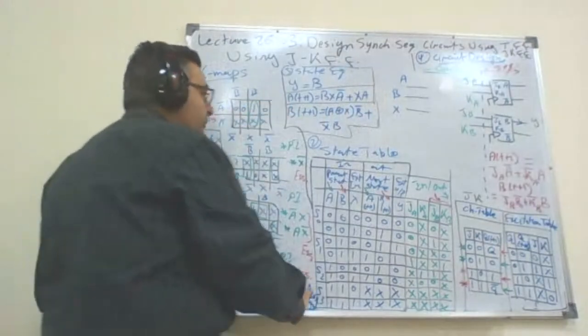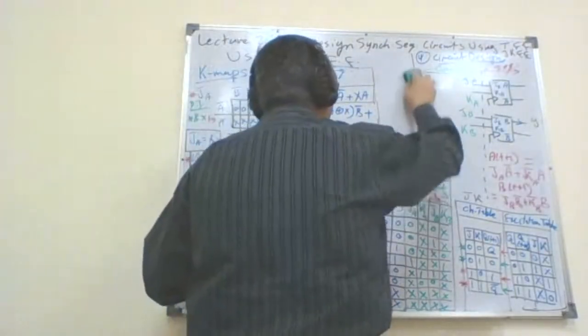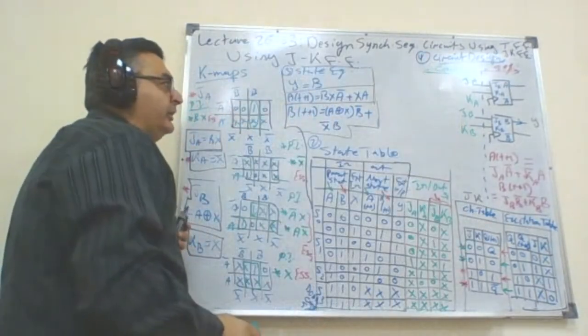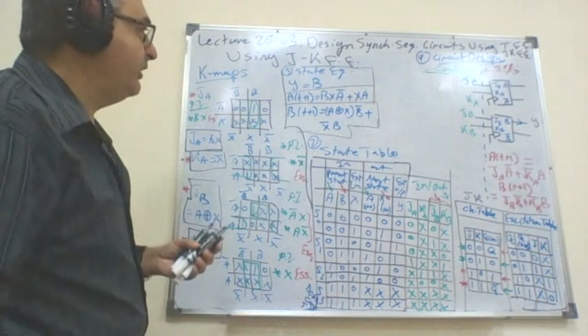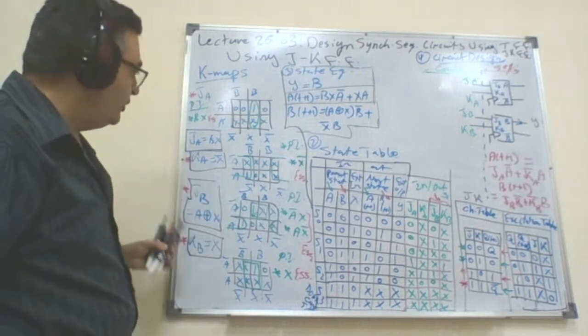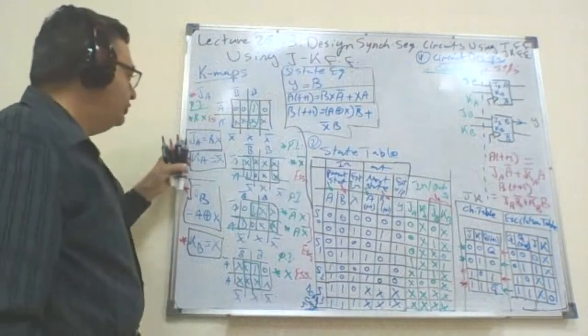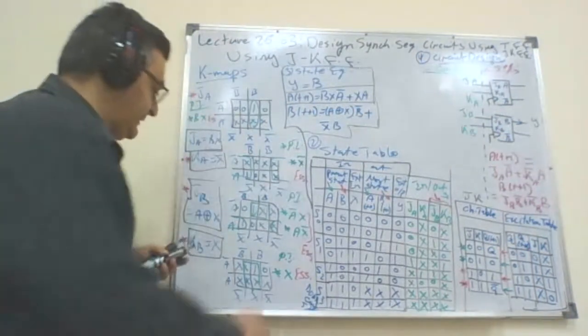Okay, what's left for me? The implementation of the circuit. I already got the equations, and all I have to do is to implement those here on the circuit. So JA is BX.